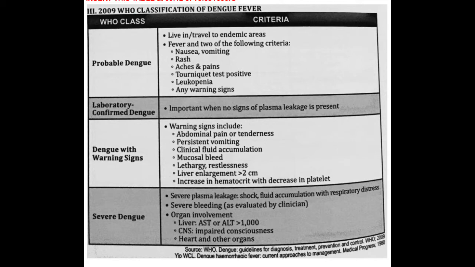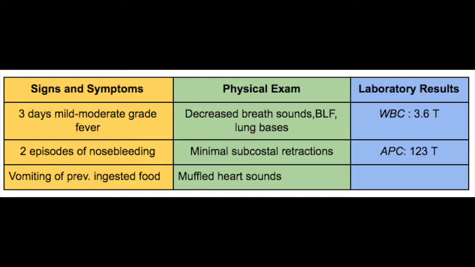Going back to the case presented, our patient has the following signs and symptoms: 3 days history of mild to moderate grade fever, 2 episodes of nose bleeding, vomiting of previously ingested food, physical examination of decreased breath sounds, both lung fields, lung bases, minimal subcostal retractions, muffled heart sounds, laboratory result of WBC of 3.6 and APC of 123.